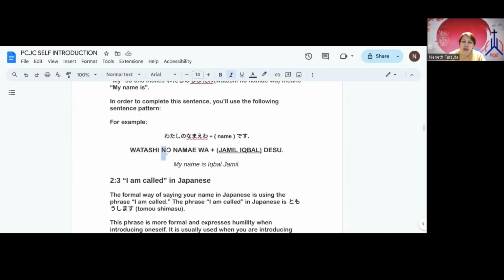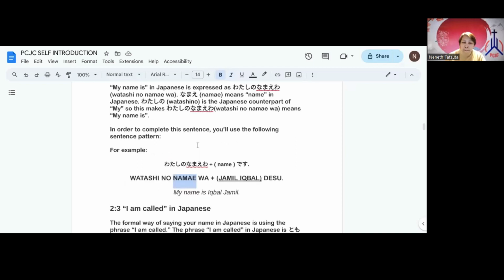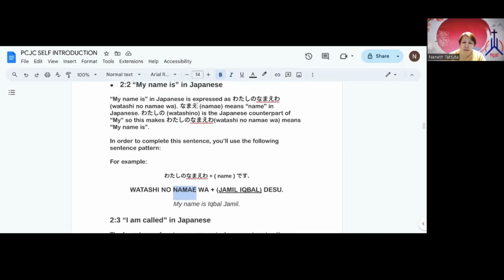The no here is the particle that marks the possessive form, so it means your name, your possession. And then namae means name in Japanese.